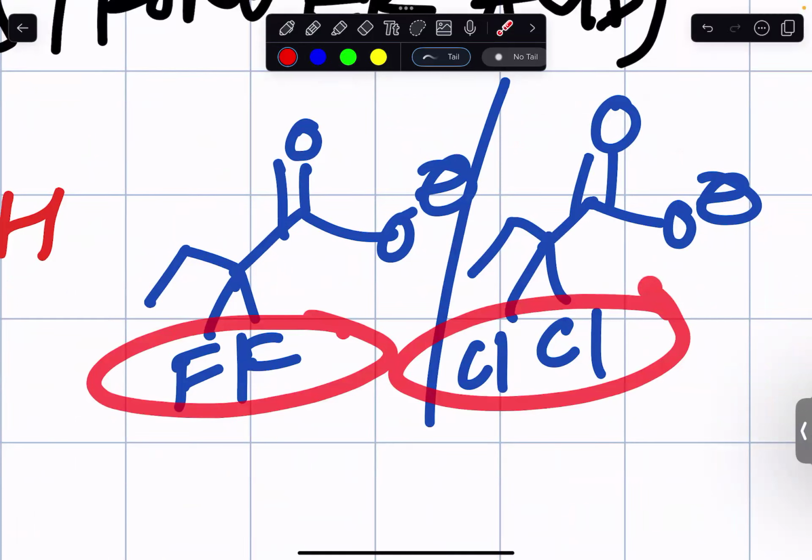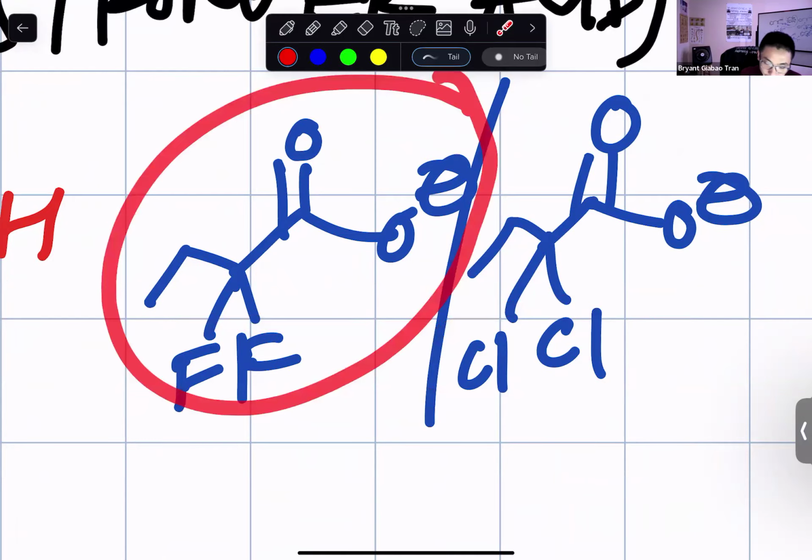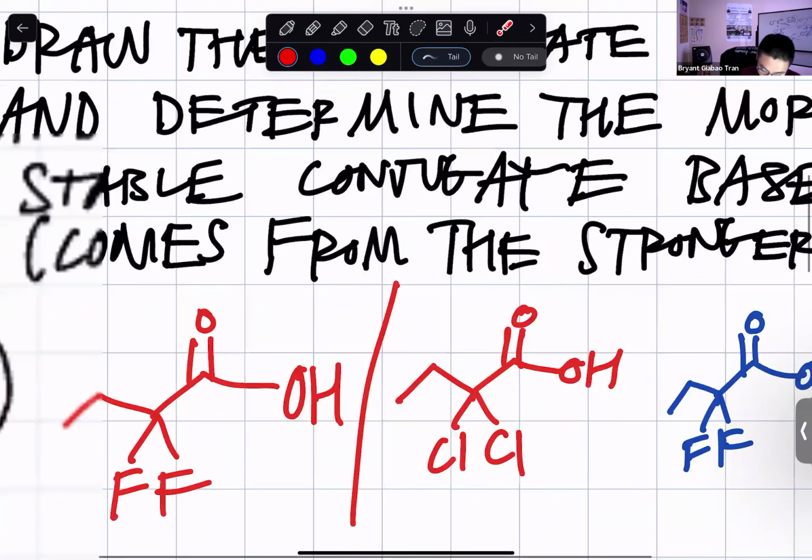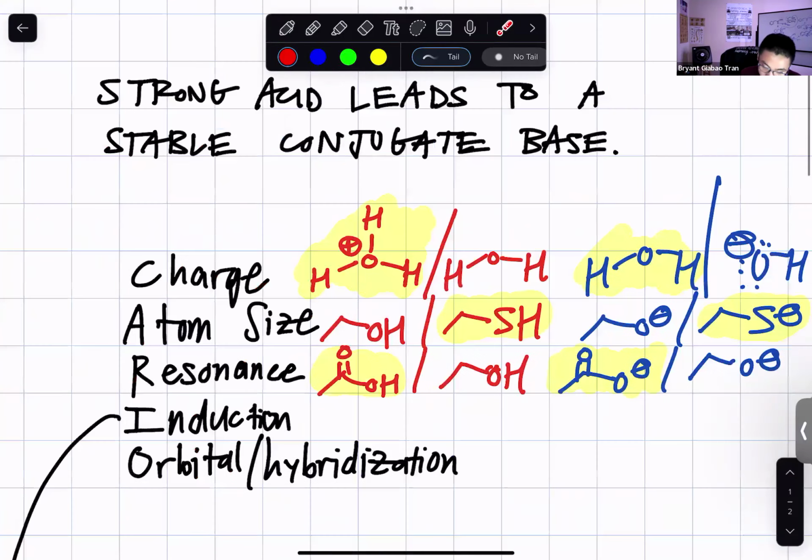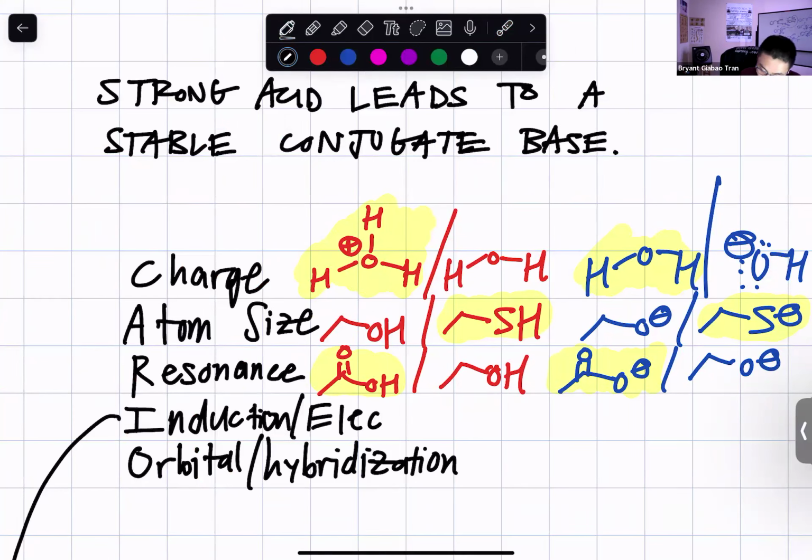Would it be fluorine because it's more electronegative? Yes, it would be the one with fluorine because fluorine is more electronegative. The induction factor here is going to be talking about the electronegativity factor. You can think of it like that. Electronegativity.